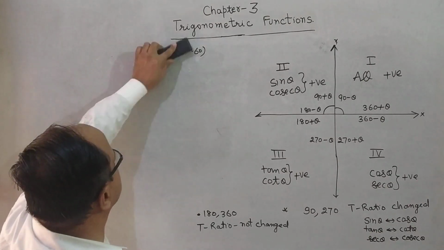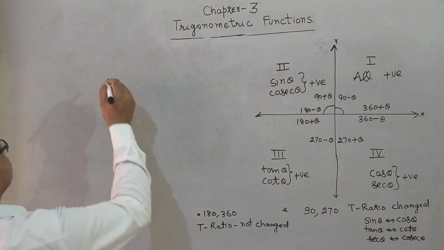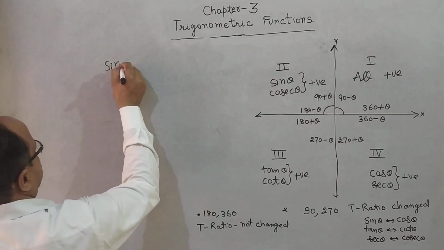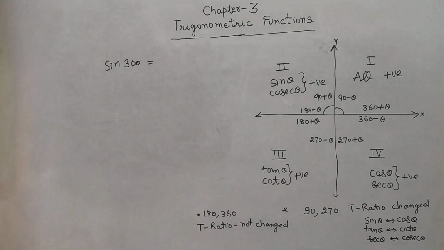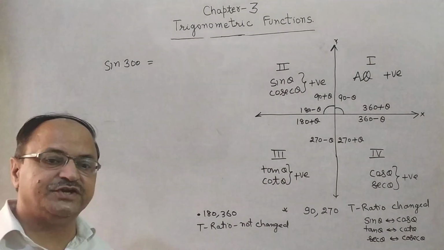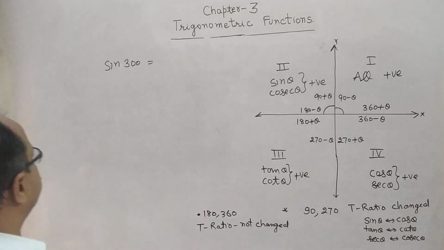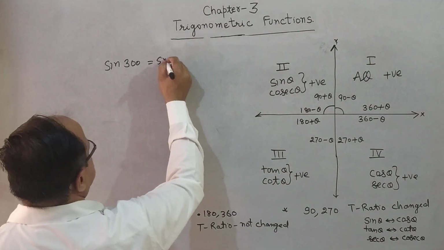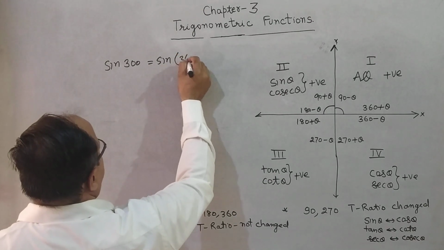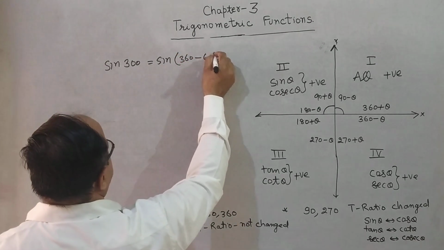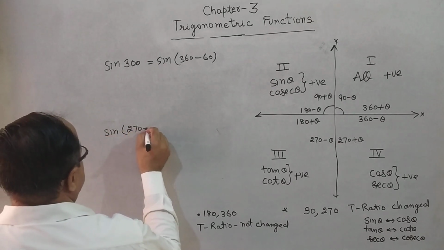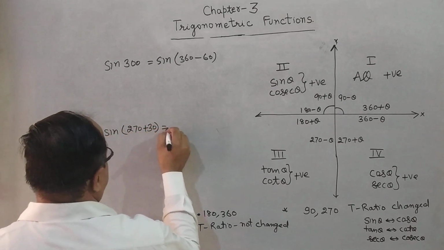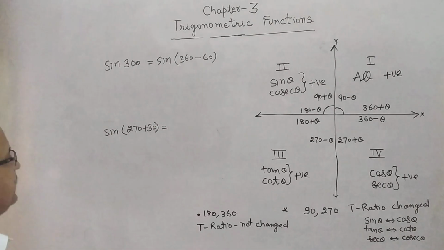Similarly, you can solve sin 300. Now can you tell me sin 300? Sin 300 you can write sin 360 minus 60, or you can say 270 plus 30.